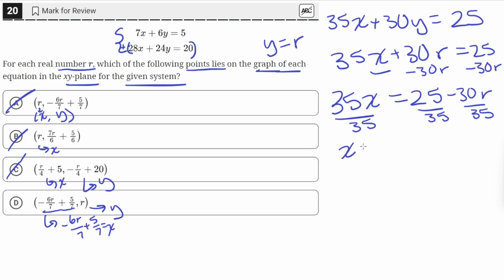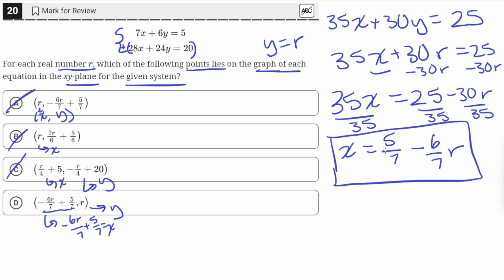So we'll have x equals 25 over 35. That's just equal to 5 over 7 if we divide both by 5. And then 30r over 35, that's just equal to 6 over 7r. So we see that when y equals r, our value of x is 5 over 7 minus 6 over 7r, which is the same as negative 6r over 7 plus 5 over 7.